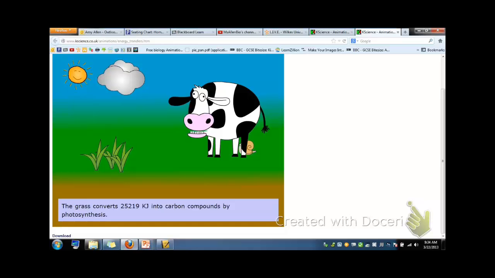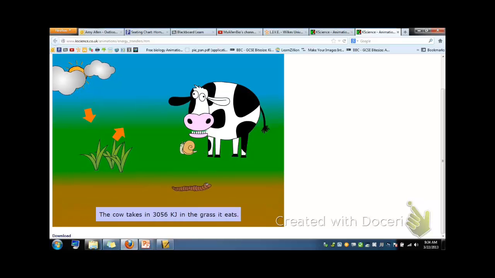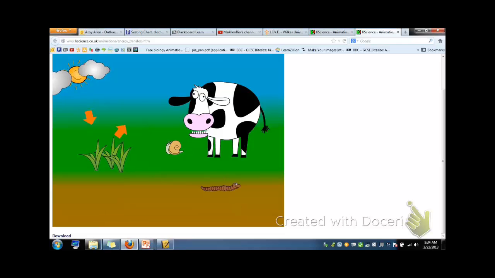What uses the grass for energy? Look up there. What things do you see? The cow. Okay, the cow takes in 3,056 kilojoules of energy in the grass it eats. What kind of energy would that be?